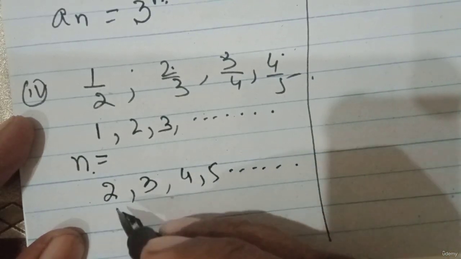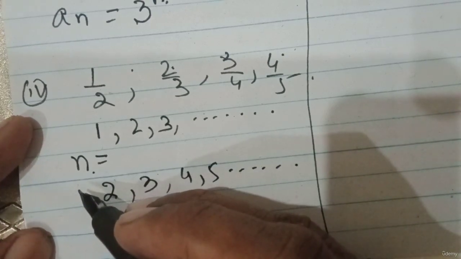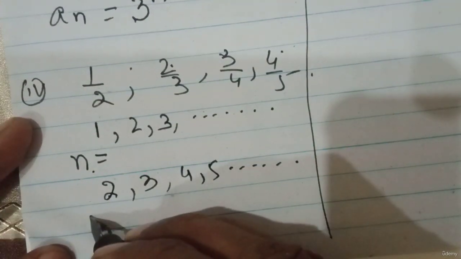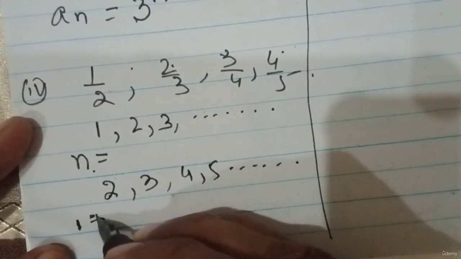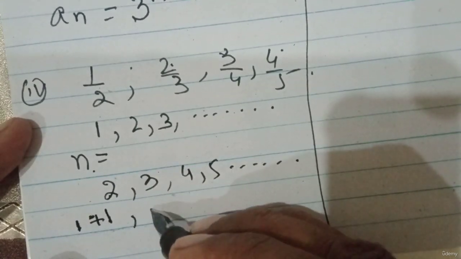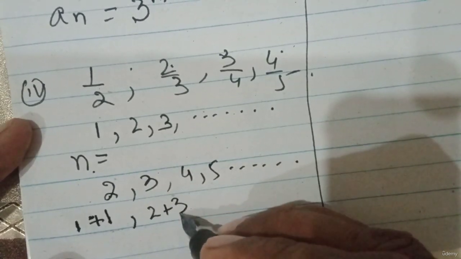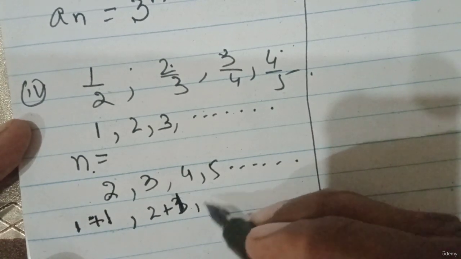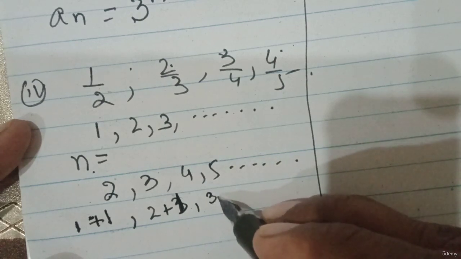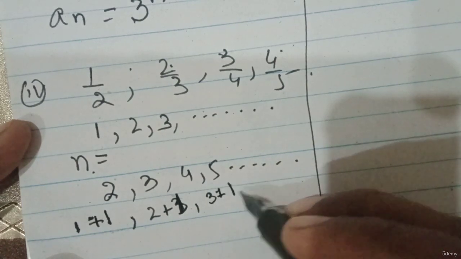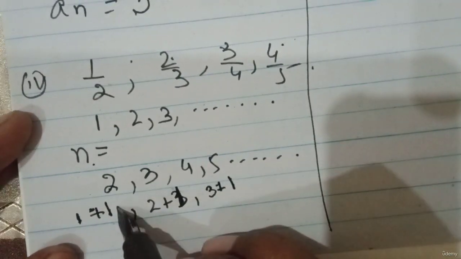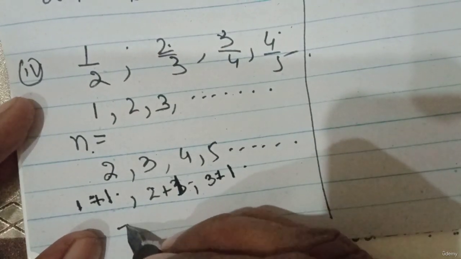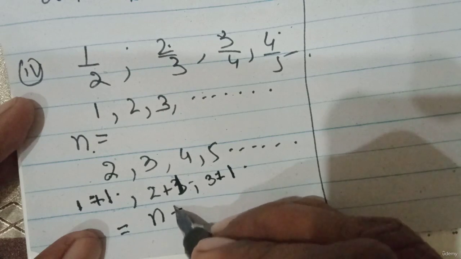It is also n, but the first term is missing, and the first term is 2. So if you add 1 plus 1, that will be your term, 2 plus 1 will be 3, and 3 plus 1 will be 4. So you can see that 1 is fixed, and 1, 2, 3 is going on. So I can write my nth term as n plus 1.